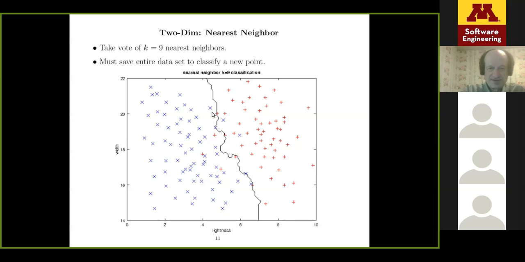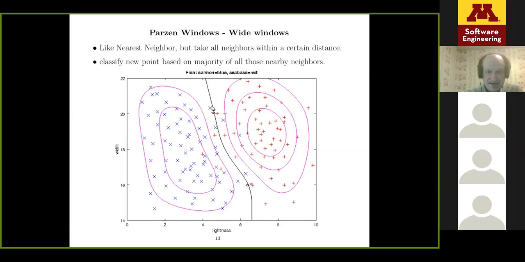So you could think of taking every point and drawing a circle around it, and anything outside the circle you ignore, and anything inside the circle you weight by the distance from yourself to the point. That gives you a smooth version of the nearest neighbor, which is basically this Parzen window technique.